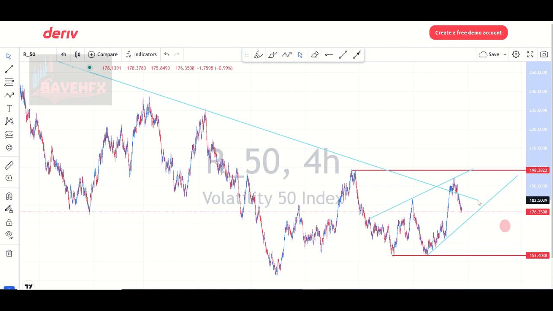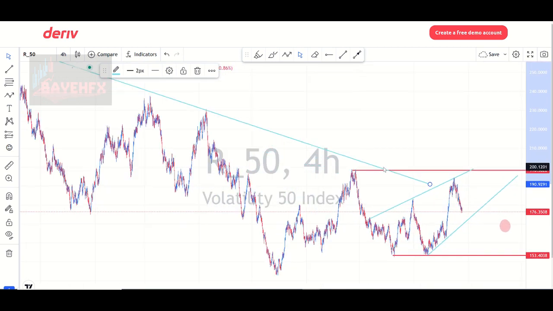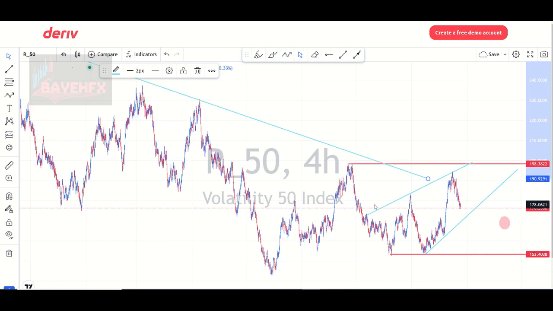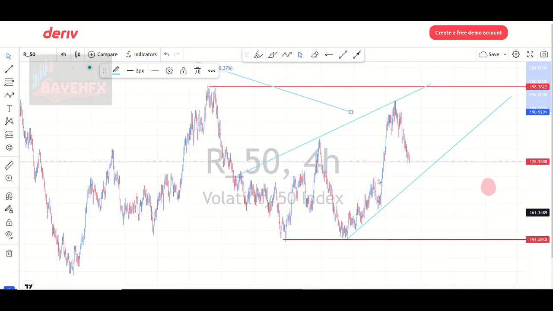That's why we're still speculating that this particular market is still in a downtrend, right? Still in a nice downtrend to the downside, but we're seeing a nice impulse and then correction, right?